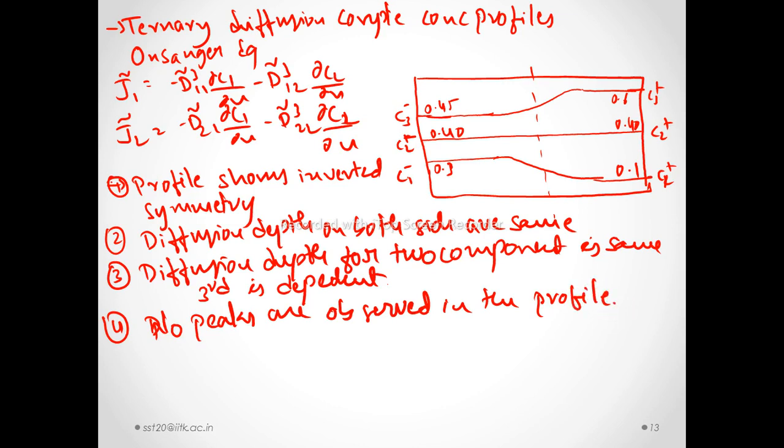So we have seen the basic ternary diffusion couple profiles. In the upcoming video, we will see profiles consisting of small peaks, which have different slopes, and this has a significance for the diffusion of atoms.